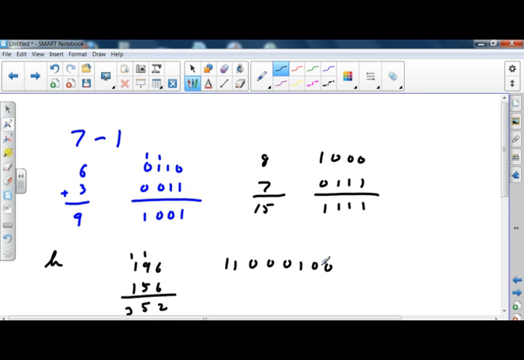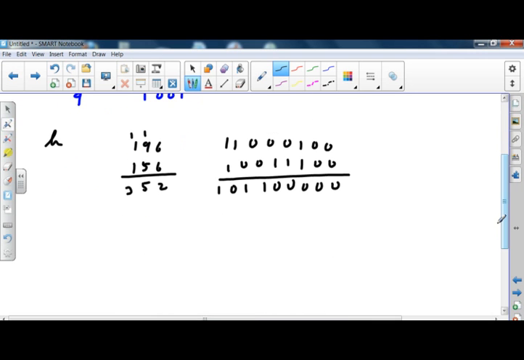And I got 1, 0, 0, 1, 1, 1, 0, 0. I add it, 0, 0, 0, 1 to carry, 0, 1 to carry, 0, 1 to carry, 1, 1, 0, 1 to carry. 1, 2, 3, 4, 5, 6, 7, 8, 9. Good. My calculator will do that.